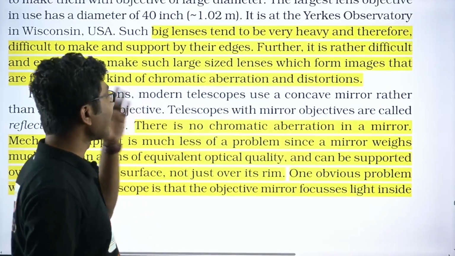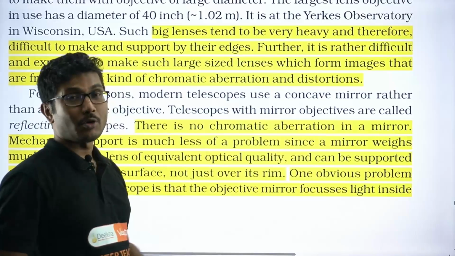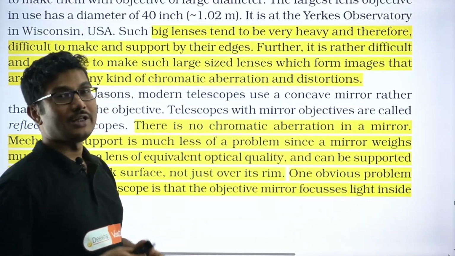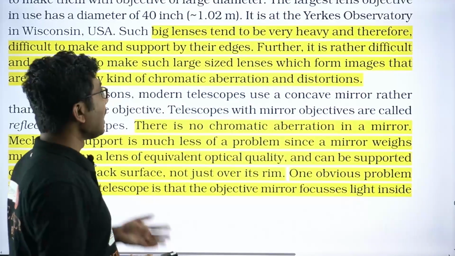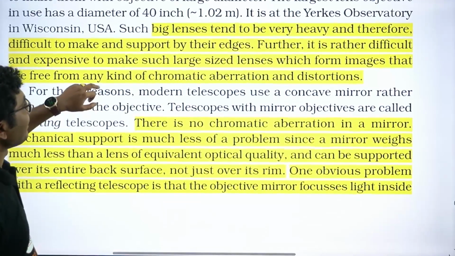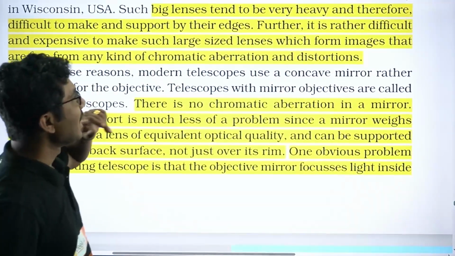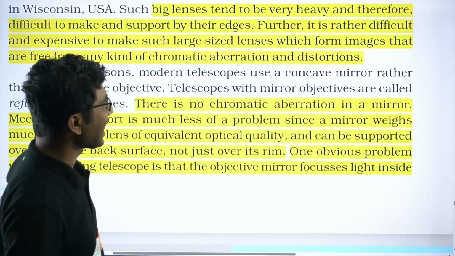So one of the main problems is that glass telescopes are very huge, so it is very difficult to mount them. Further, it is rather difficult and expensive to make such large lenses which form images free from any kind of chromatic aberrations and distortions.